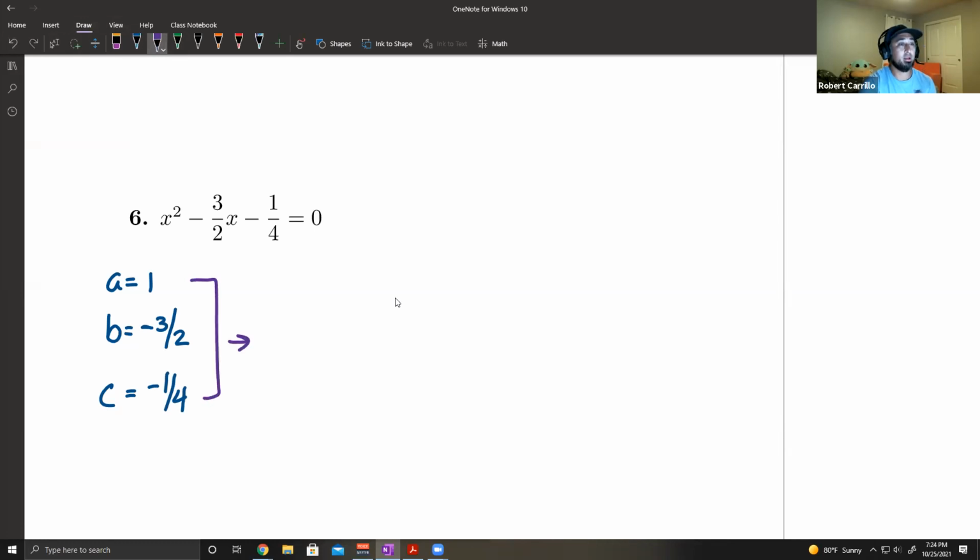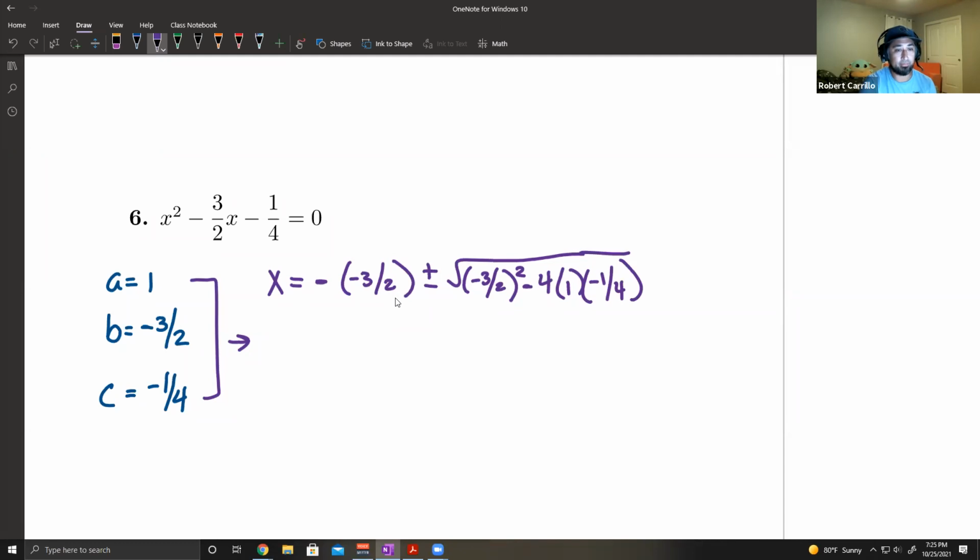Plug them in, and we'll have x equals negative b plus or minus the square root of b squared minus 4 times a times c, all over 2 times a. Okay, we clearly have some work to do, right?